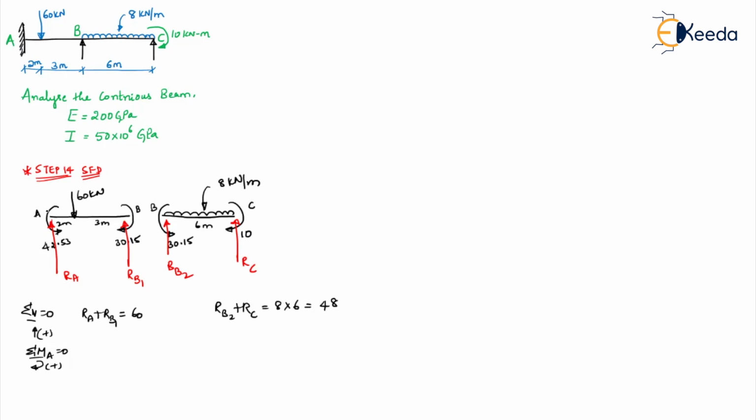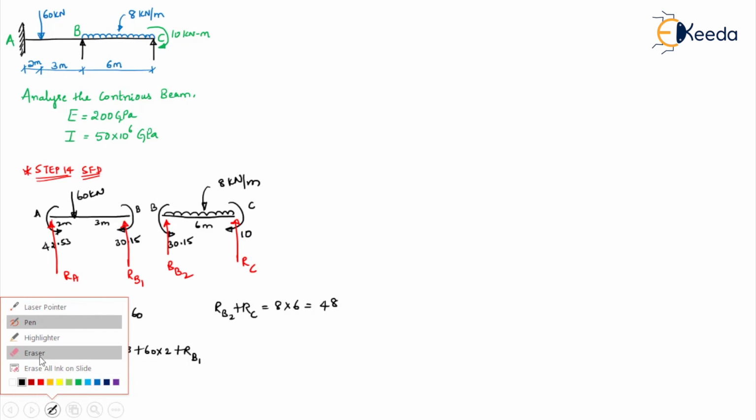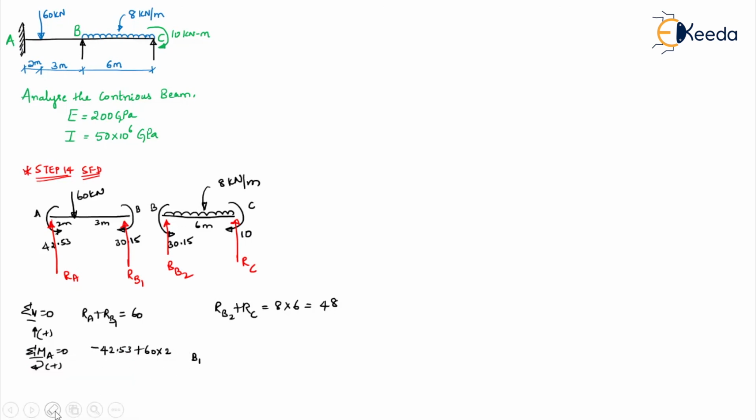Okay, so here there is already a moment in an anti-clockwise direction, the minus 42.53. RA is passing through A, so it will not have any moment. Then coming to the 60 clockwise, so plus 60 into 2. Then coming to RB, it will be minus, why? Because it is in anti-clockwise direction.